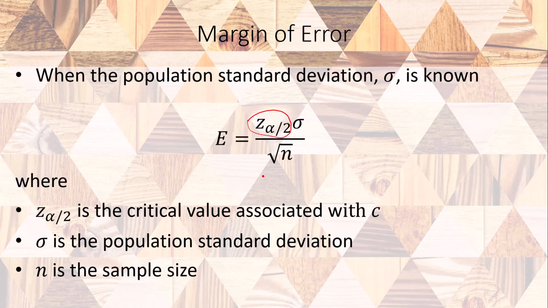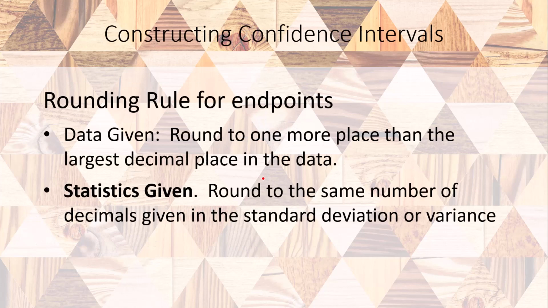Now before we do that, let's talk about the rounding rule for endpoints. In our particular case, we're not going to be given any data, but we're going to be working with statistics. In other words, I'm going to tell you what the sample mean is. Since we're given statistics, we need to round to the same number of decimals that is given in the standard deviation or variance.